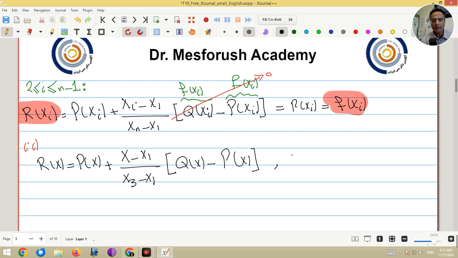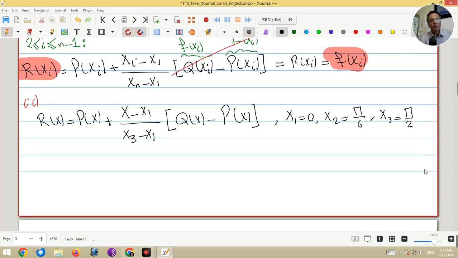Okay, and we know that x1 is equal to 0, x2 is equal to π over 6, and x3 is in fact π over 2. Okay, so we have to compute p and q separately, and then we join them together.